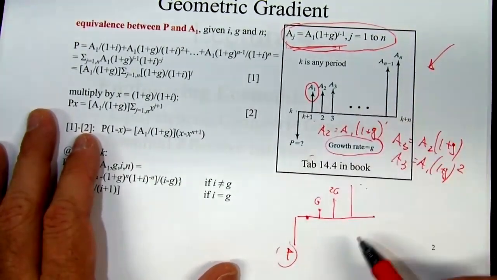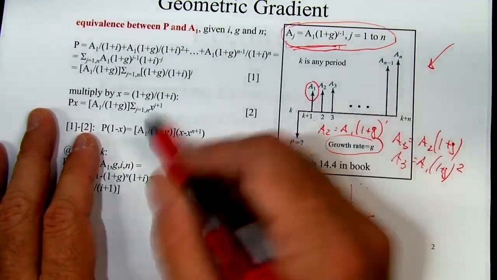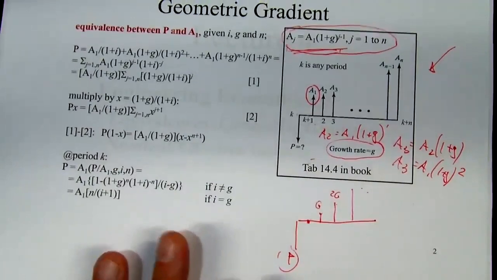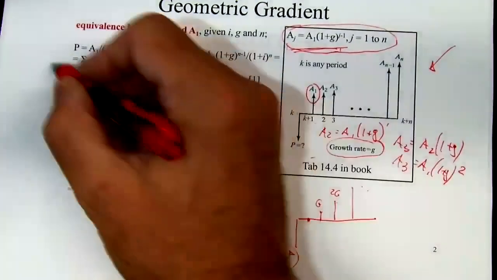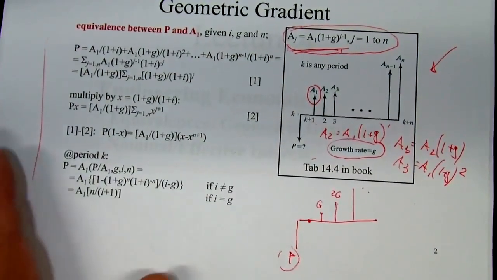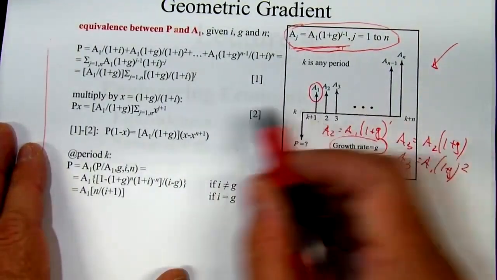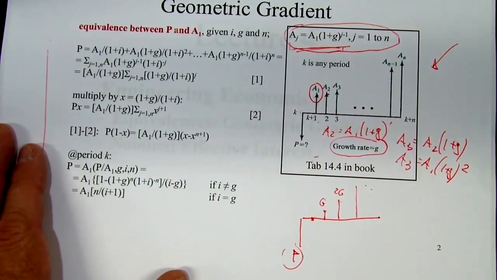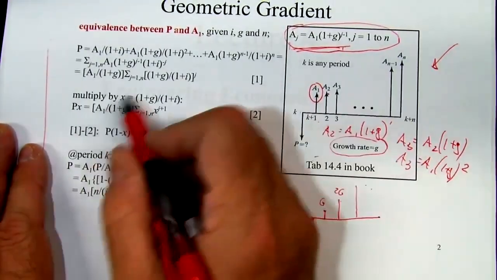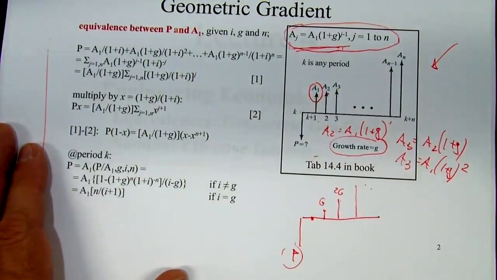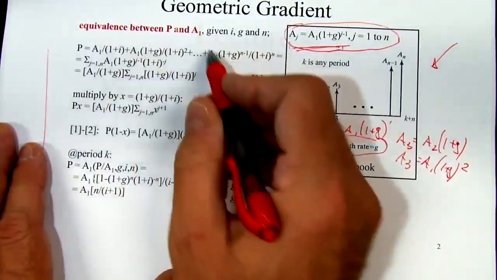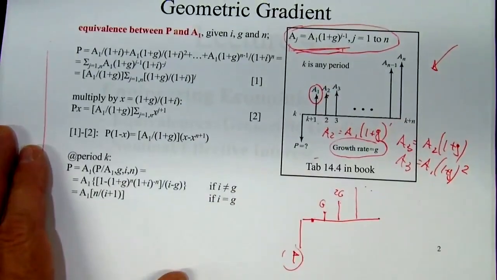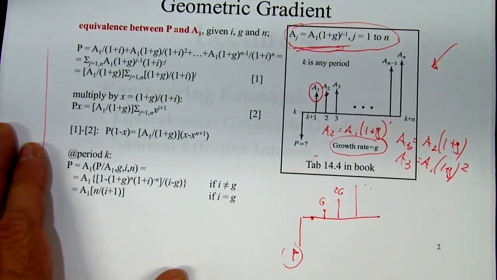So the equation that is provided and used to mimic these equivalences is derived here. Once again, the derivation requires considering every single arrow as a future value for which you do the straightforward transformation, P given F of this plus P given F of the other, and you do that until the end of the series.